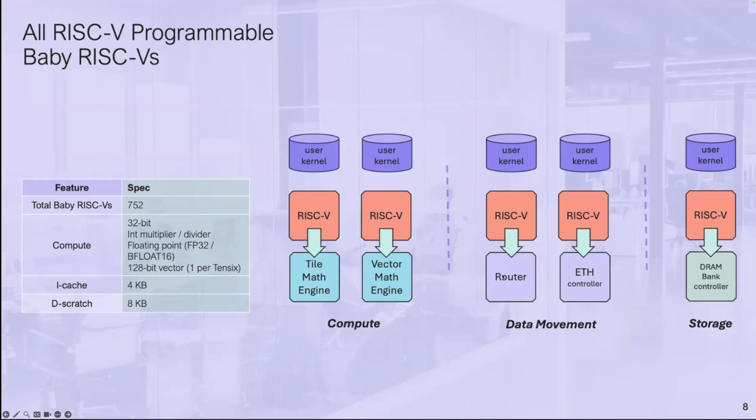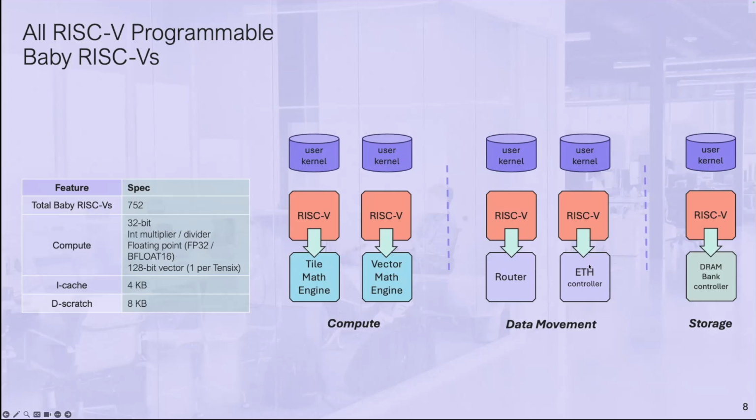We have that as hardened circuitry, and we have our baby RISC-V cores to set up the control signals for it. And you would write an application, a kernel on it, by referring to a bunch of API calls to set up your control registers and set up portions of your hardened circuit.